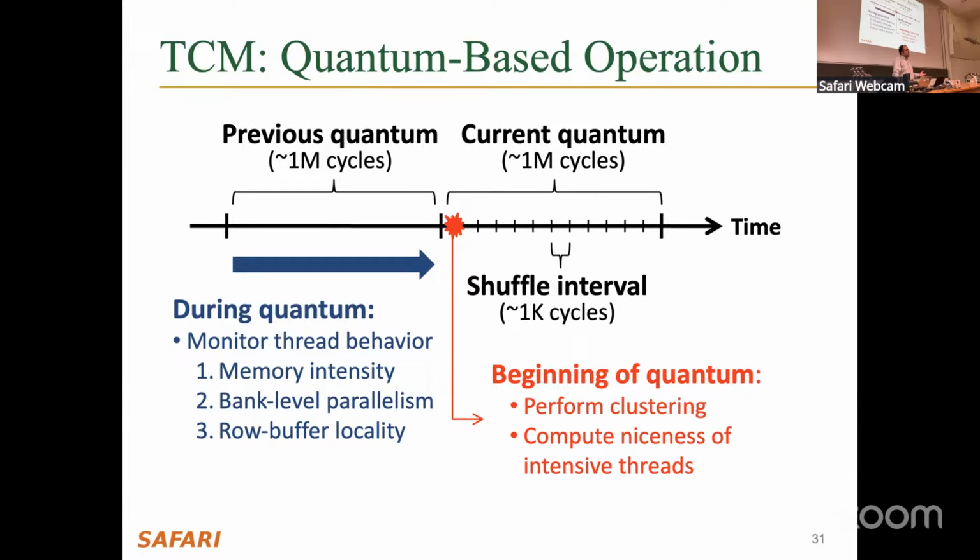But this may not be effective if the application changes phase a lot. So we can also reduce the quantum cycles to be much more sensitive to those changes, but that comes at a cost. Okay, good question. Any other questions?